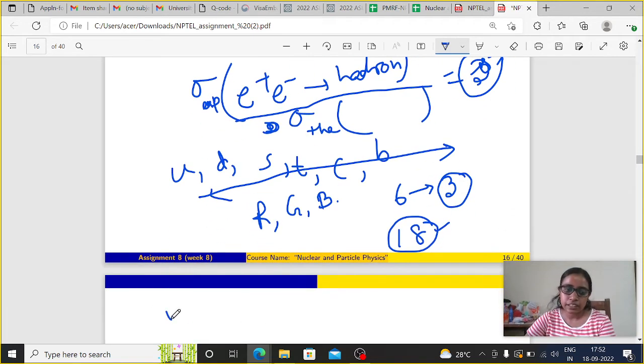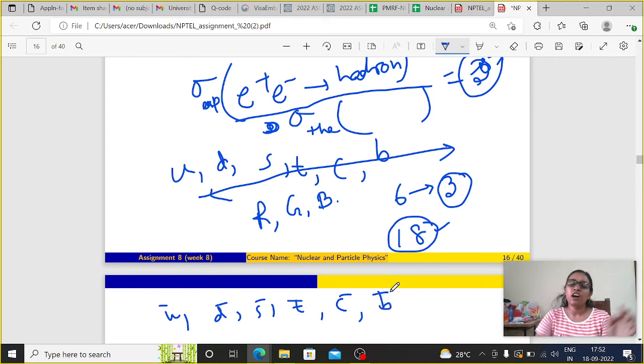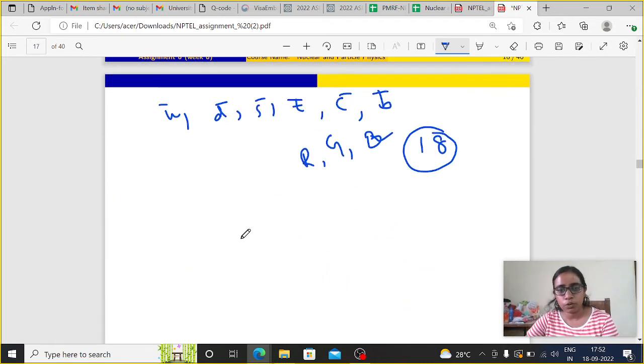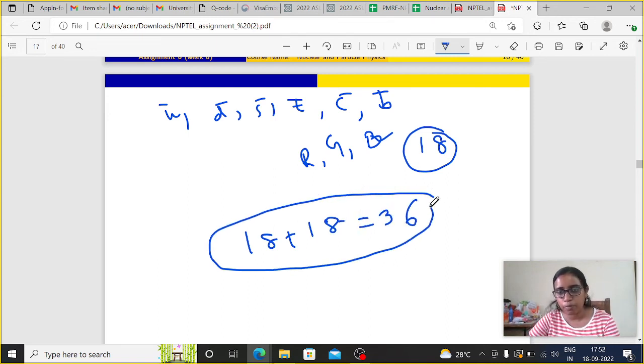As well as U bar, D bar, S bar, T bar, C bar, B bar, all the 6 antiparticles should be there, and each of these antiparticles should have 3 colors. So again 18 types as a whole. 18 plus 18, 36 types of quark can be found in nature.